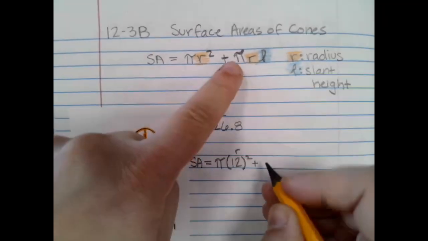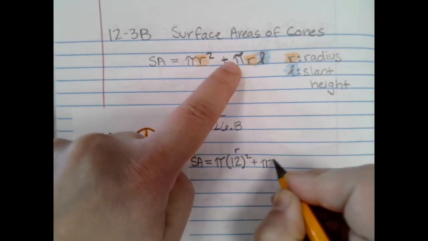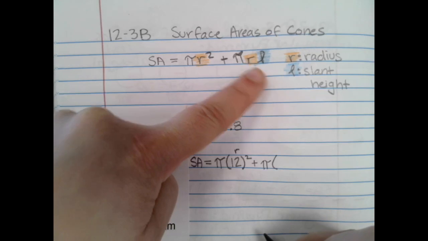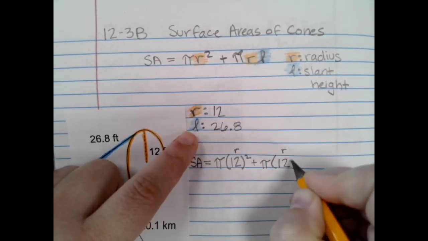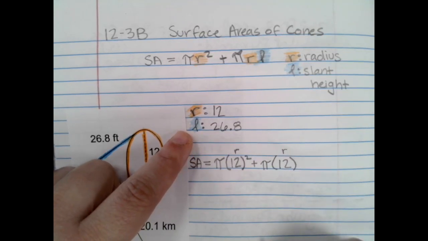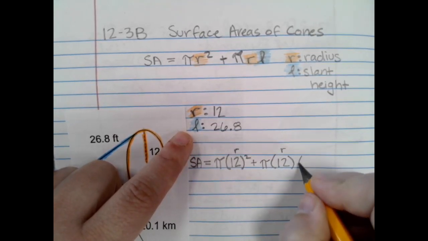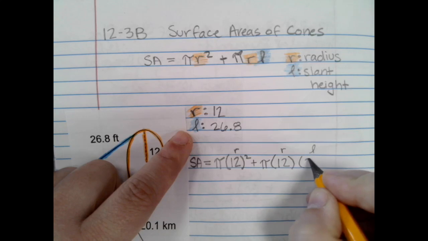Plus, and again we have another pi, and then it goes radius times the slant height. So radius again is 12. And then times our slant height, 26.8.